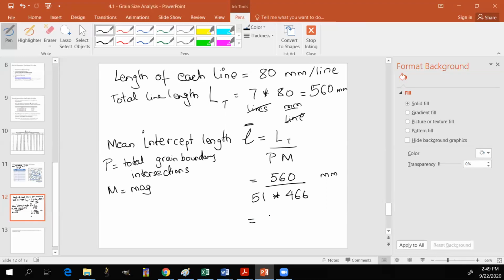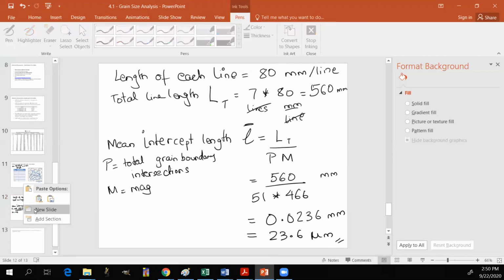So you get 0.0236 mm, or you can convert this to microns, which we like. That's 23.6 microns, right? So that's the mean intercept length. So that gives you an idea of what the average grain length, so to speak, is, right?